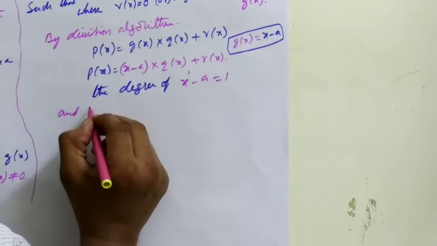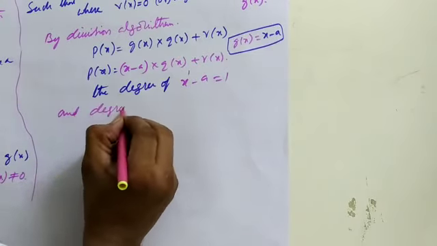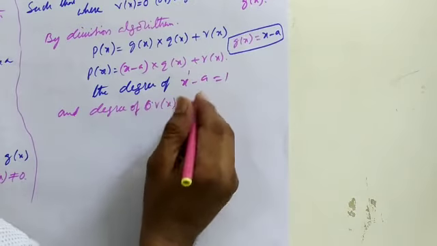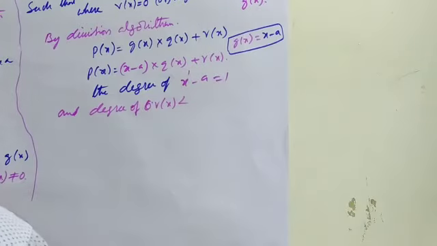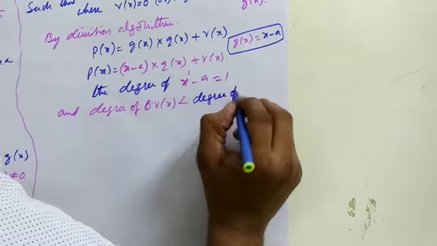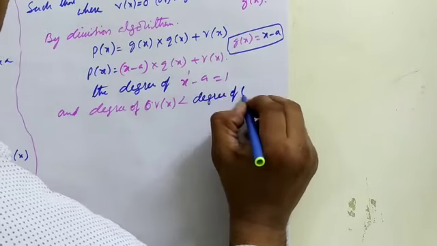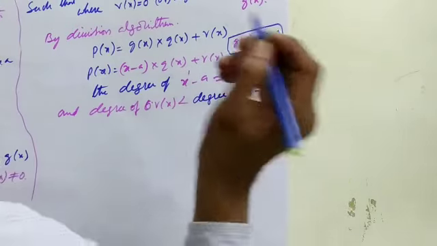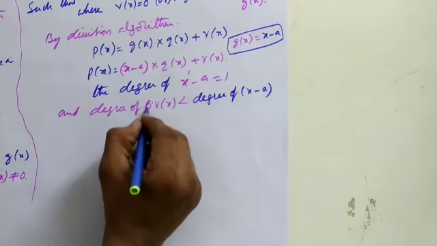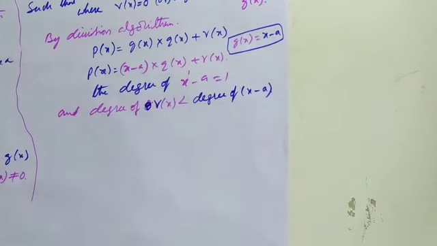Now the degree of r of x is less than the degree of x minus a.